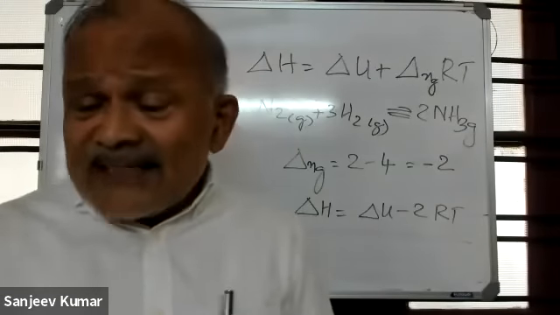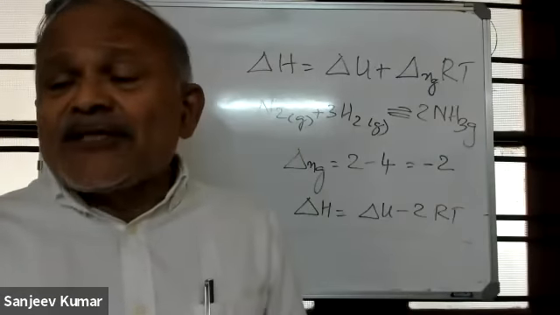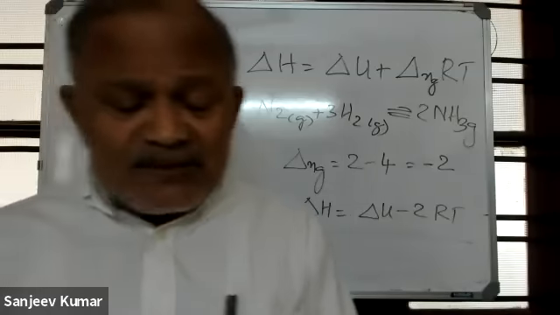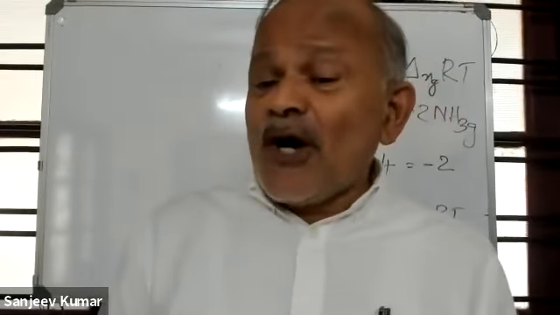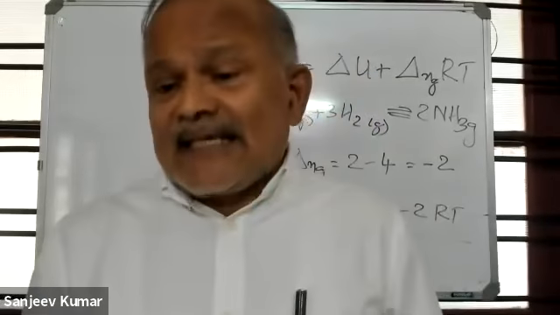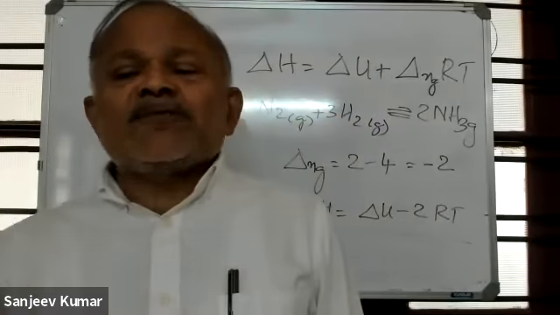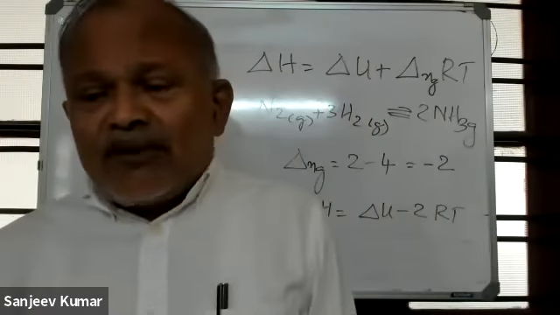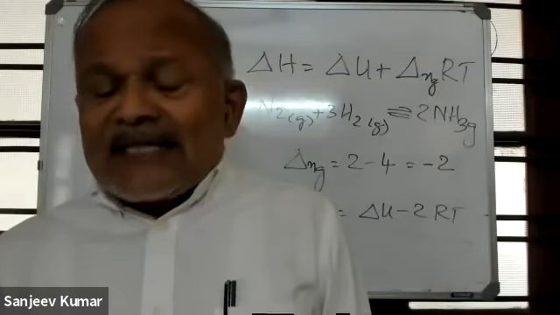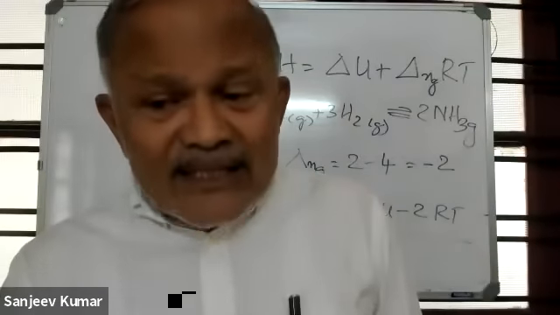And therefore, delta H and delta U are related to the number of moles of gaseous product and number of moles of gaseous reactants. If the number of moles of gaseous product is equal to the number of moles of gaseous reactants, delta H and delta U are equal.